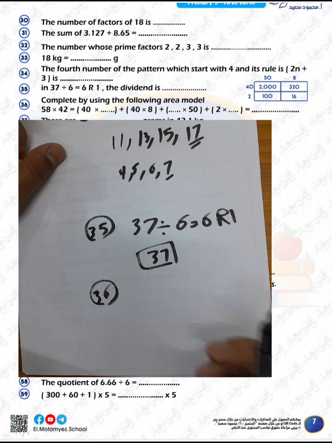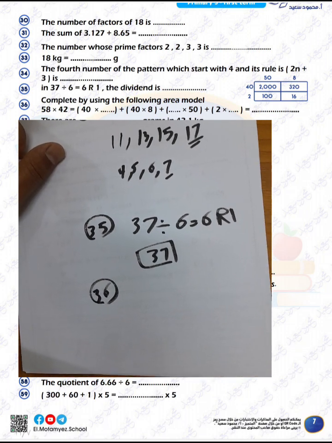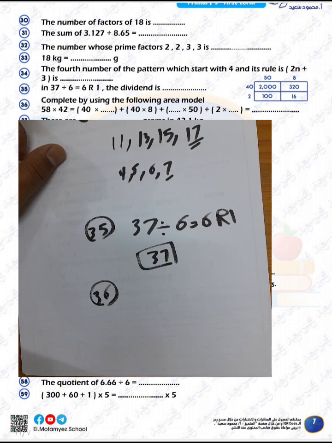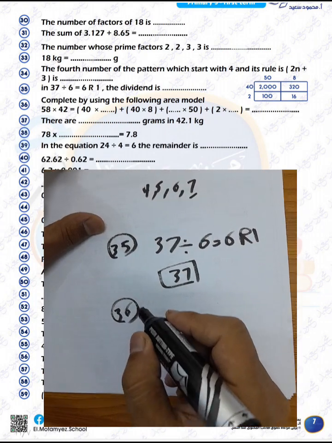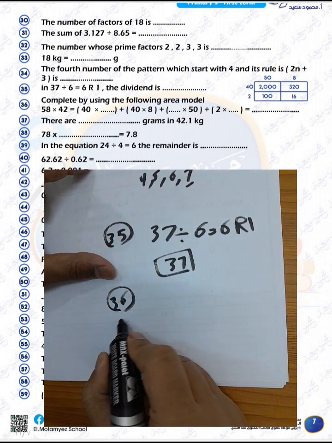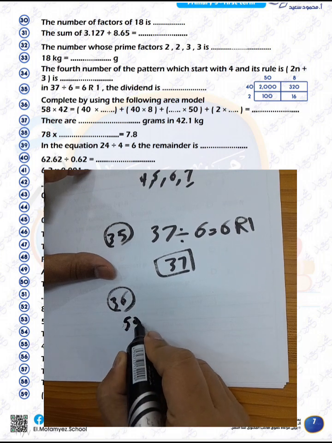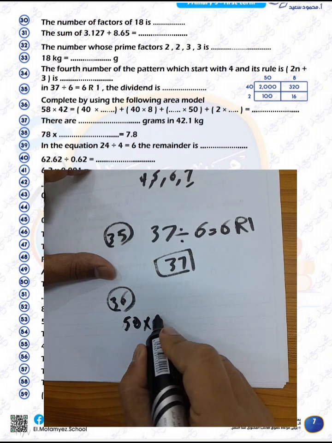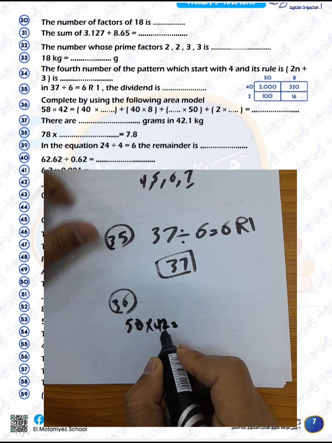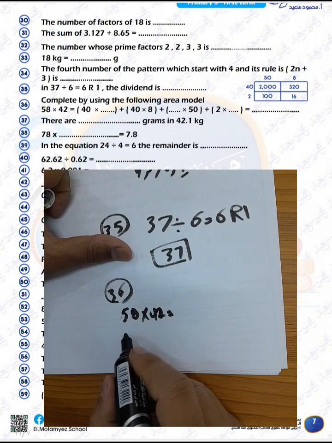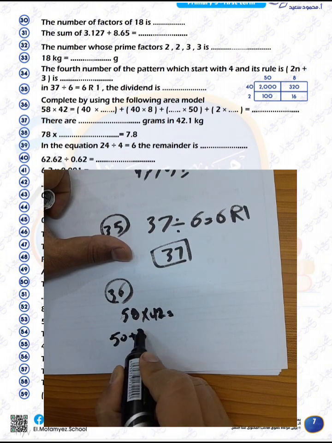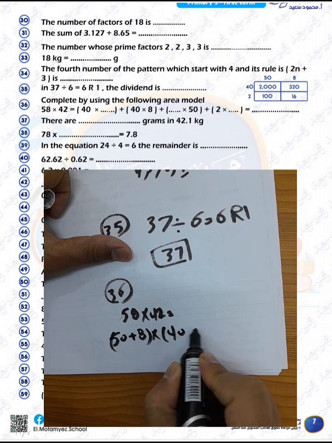We have 54. We have here the distributive property. 58 times 42. We have here 50 plus 8 times 40 plus 2.